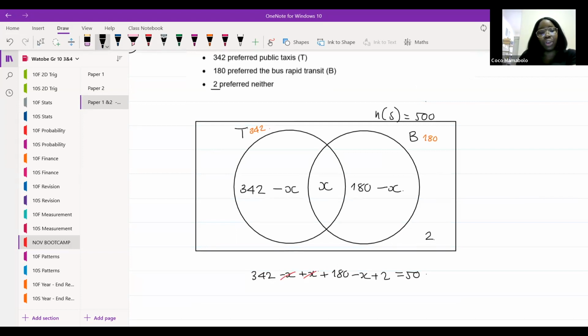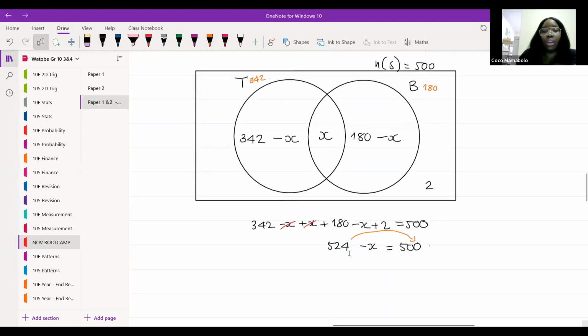So I'm going to get 342 plus 180 plus 2, it's going to give us 524 minus X is equal to 500. So I'm then going to take my 524 over to the other side, and I'm going to get negative X is equal to 500 minus 524, negative 24. Therefore, X is equal to 24.